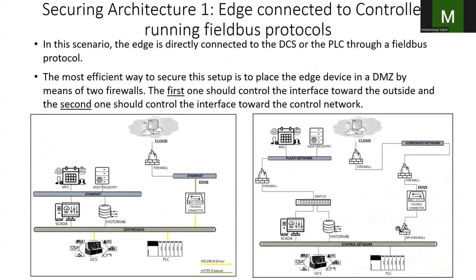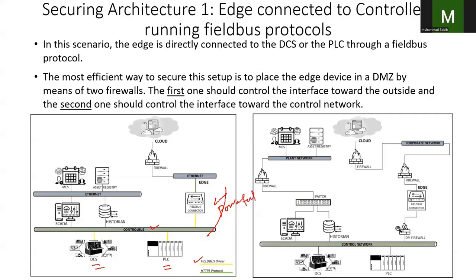In this architecture, the edge device is directly connected to the control bus, to the PLC and DCS, and the protocols may be fieldbus, Modbus or Profibus, or a control network. This setup allows the edge to collect the data directly from the field, and this is powerful.